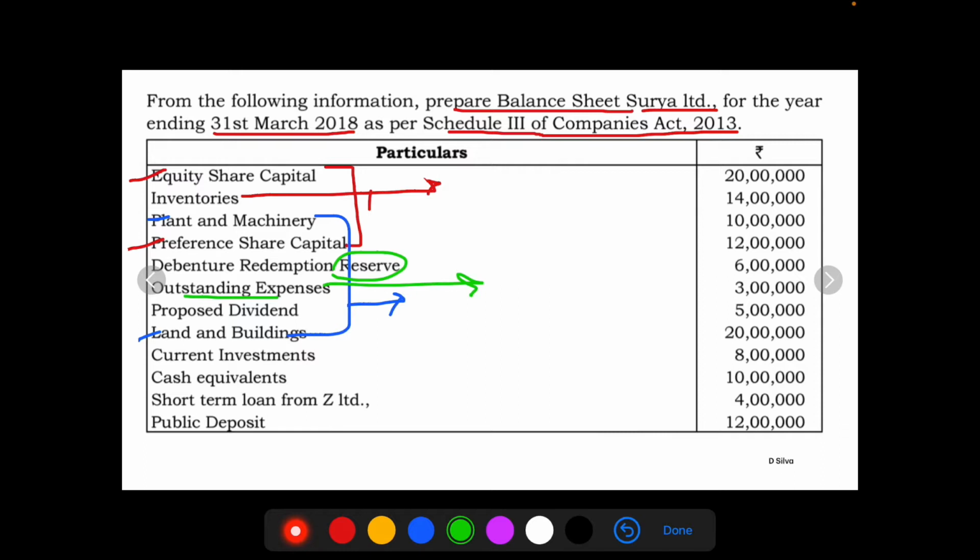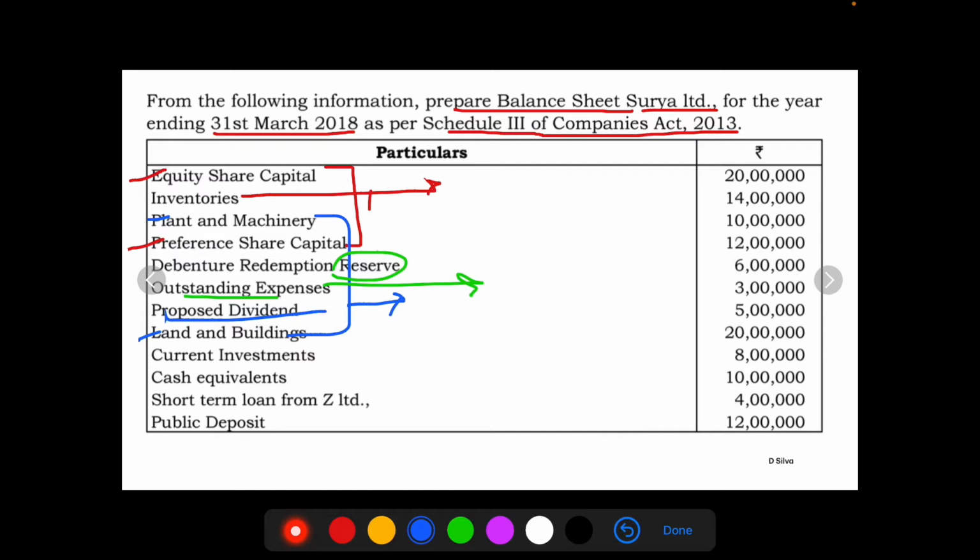Well, next we have proposed dividend. So to whom do we give dividend? It is to the shareholder. So again this is an obligation. So therefore this is considered as short-term provision of the business. So again this is a subcategory under the heading current liabilities.